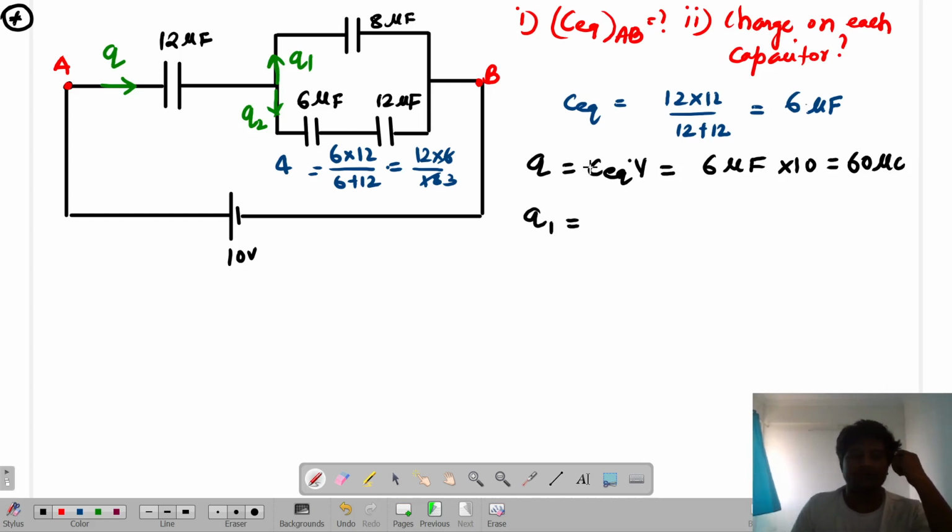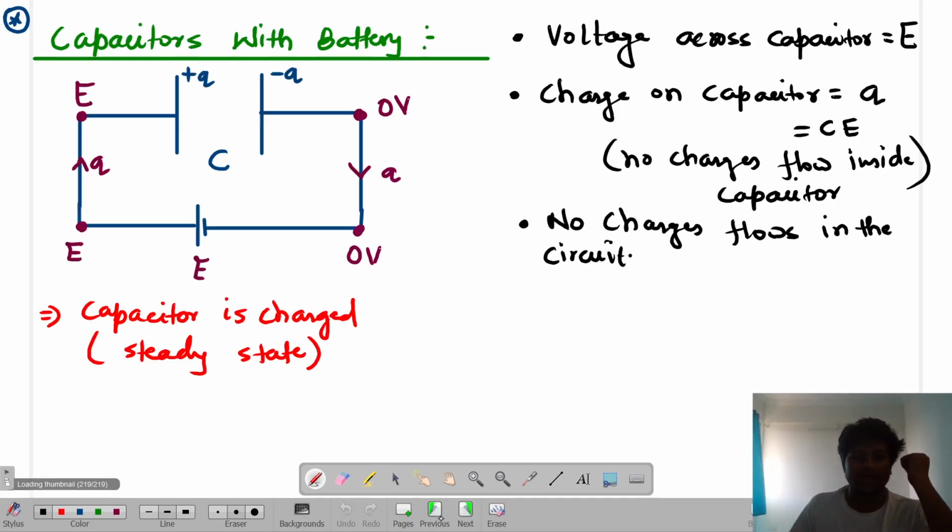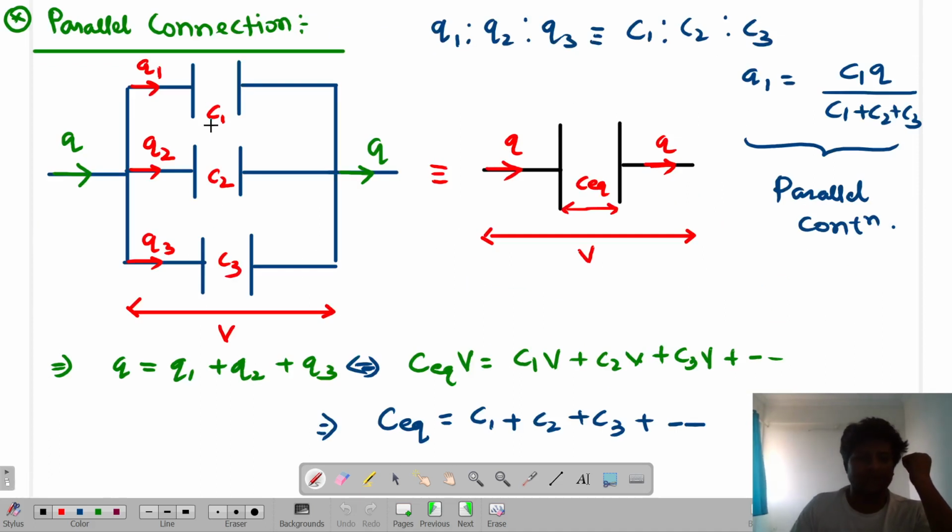Q1 will be how much? I know my capacitance C1, which is 8 microfarad, into the total charge, which is 60 microcoulombs, divided by C1 plus C2. I can apply the parallel connection theorem: if it is two connections, Q1 is C1 Q divided by C1 plus C2.